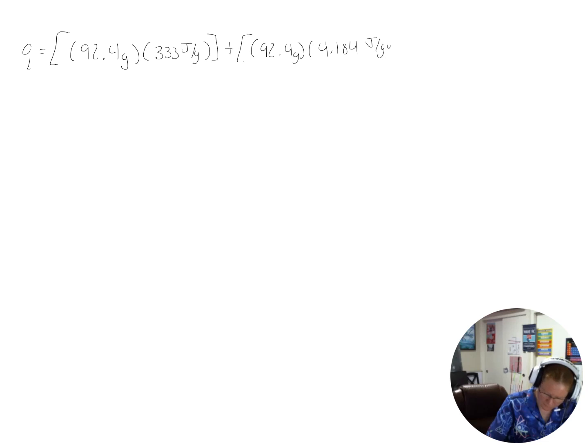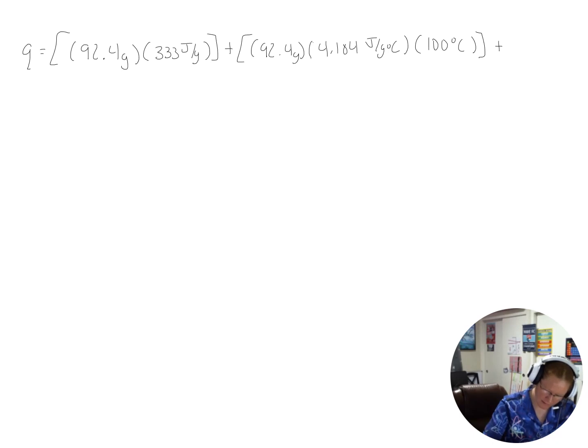And again, it's the same mass throughout the whole thing because our sample doesn't change. So there's our melt. And our change in temperature was 100 degrees.